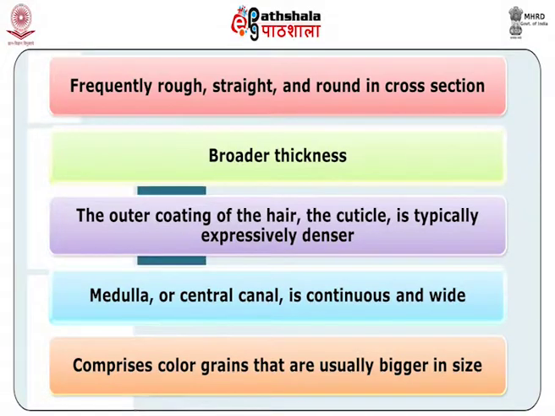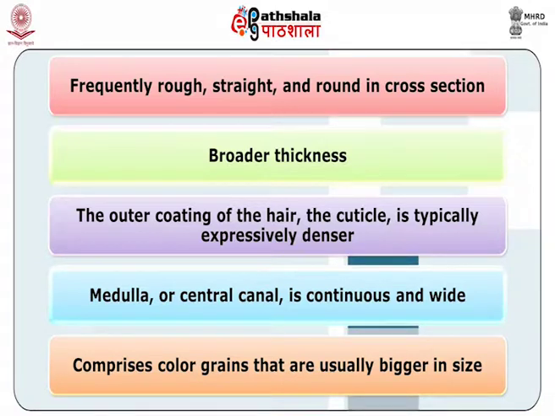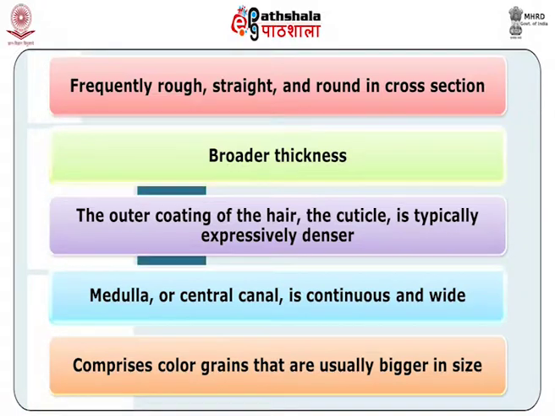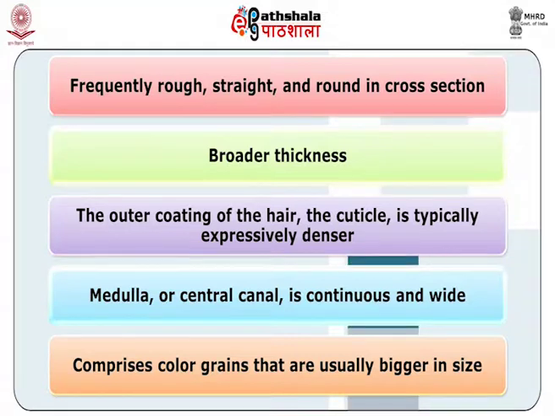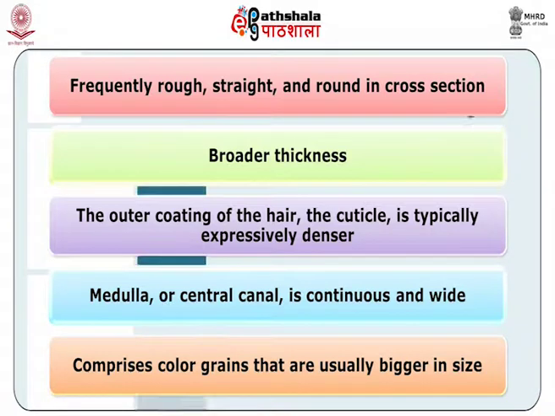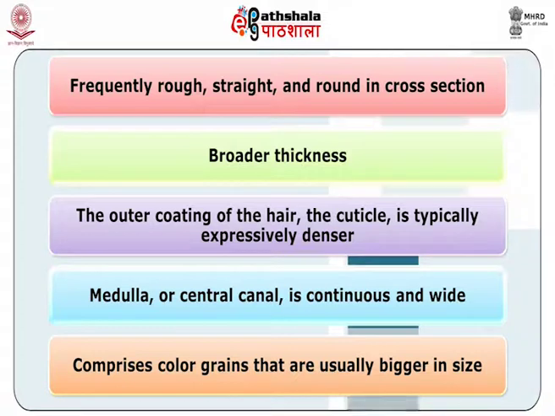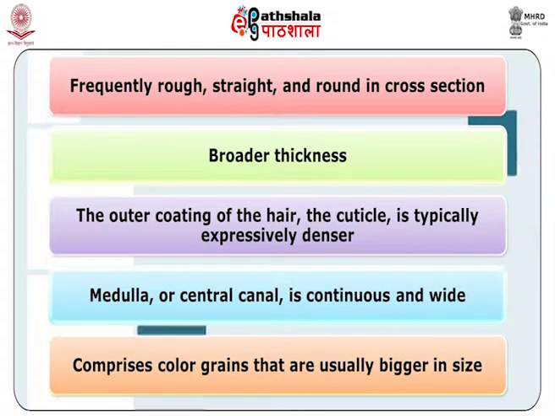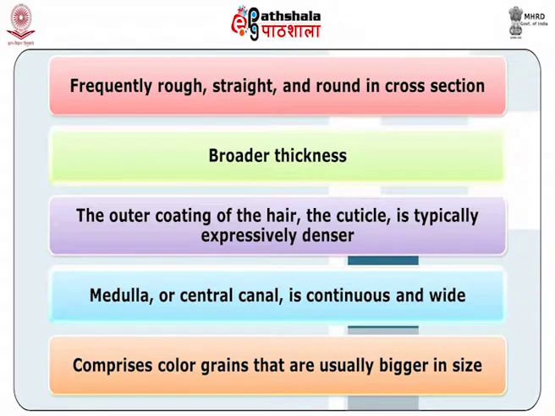Hairs of Mongoloid or Asian origin are frequently coarse, straight and round in cross section with a broader thickness than the hairs of the former racial groups. The outer coating of the hair, the cuticle, is typically expressively denser than the cuticle of Negroid and Caucasian hair, and the medulla or central canal is continuous and wide.